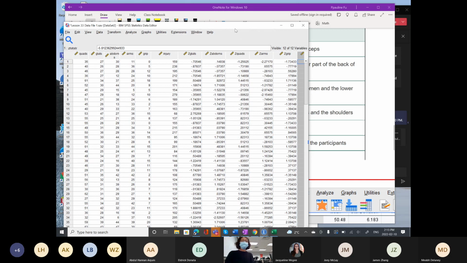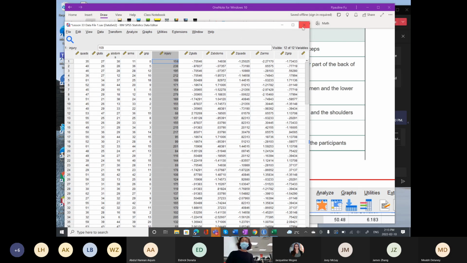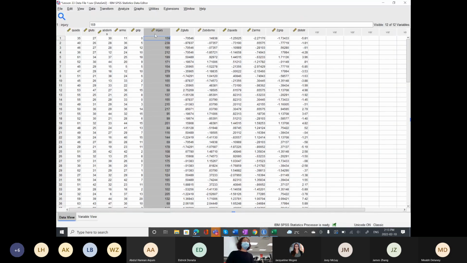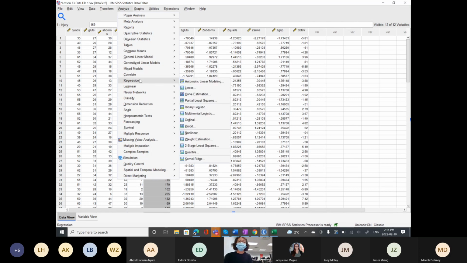So now we want to explore the relationship between Z total and injury. Okay, so the relationship between Z total and injury. To do that, go to Analyze, and then Regression.